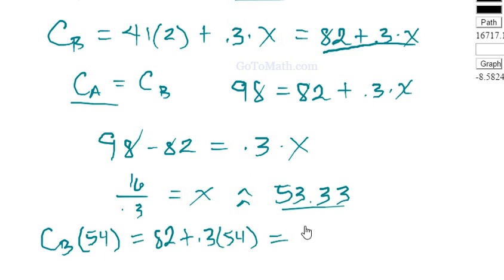I'm getting $98 and 2 cents, $98.02. So as you can see, it's actually cheaper to go this route if you're going over this amount.